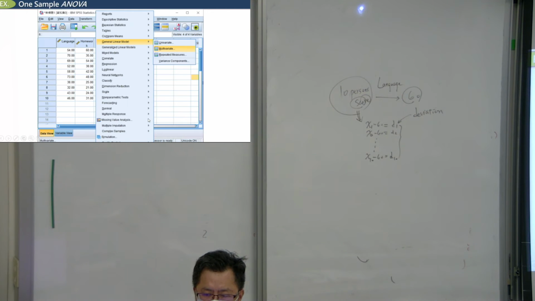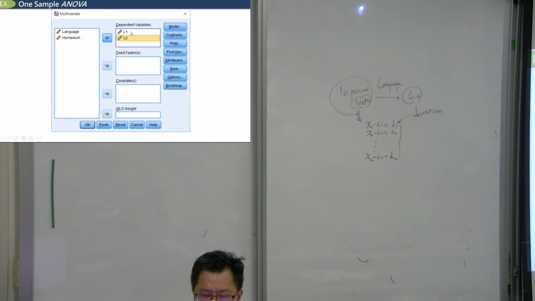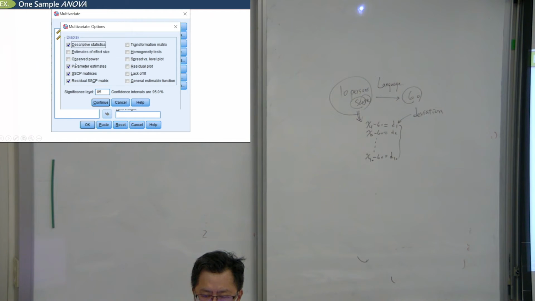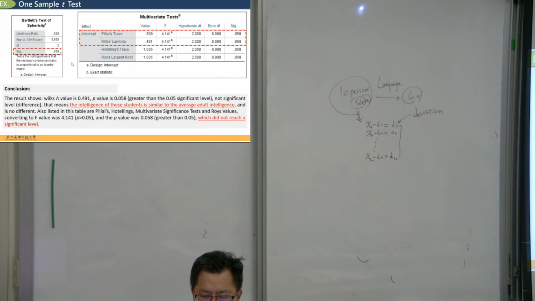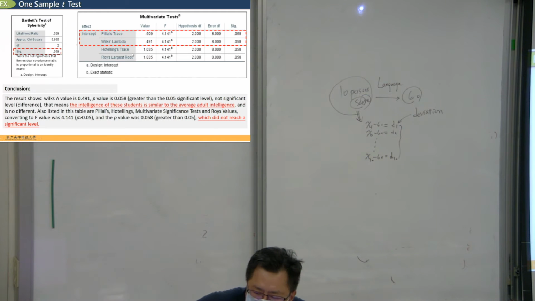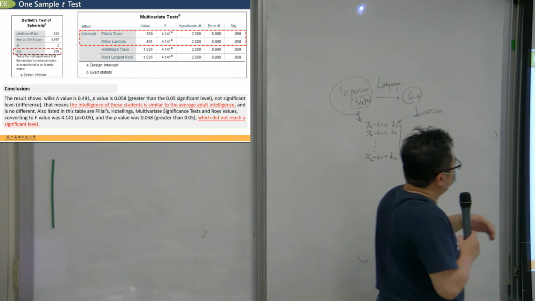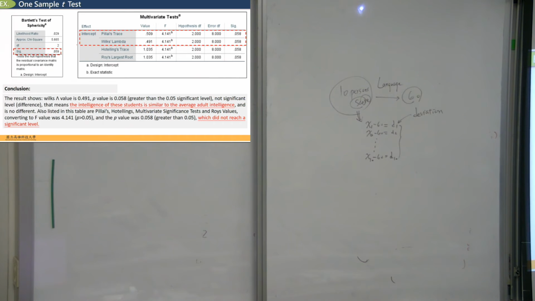Position, okay, yeah, and then general linear model multivariate, and we put these two there, and we just choose some options, okay, and then we got the result. We got the table here, okay. This table is a multivariate test, and there are many methods to calculate the F value.